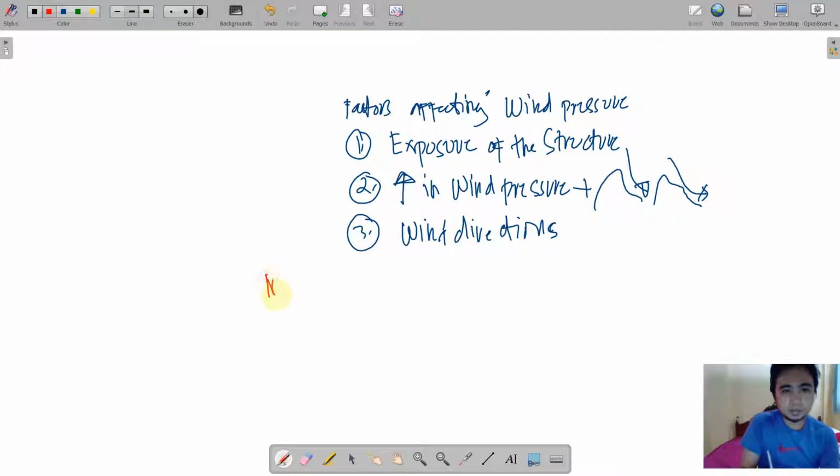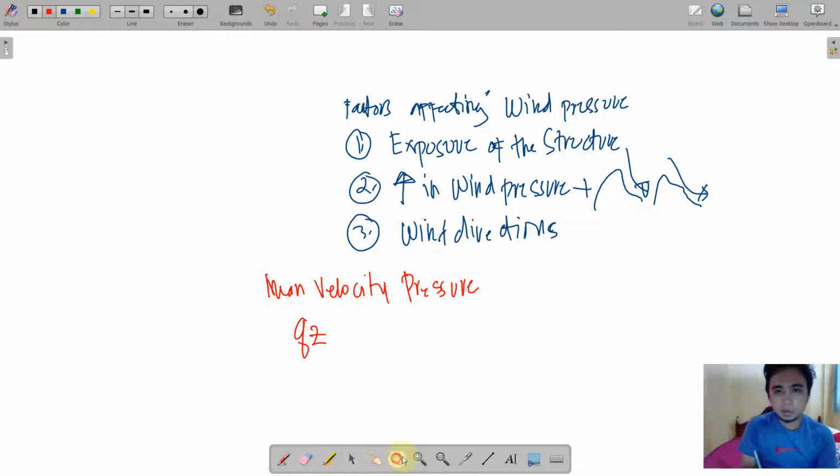So the mean velocity pressure, or abbreviated as MVP. Okay, if you want to remember that, just abbreviate it as MVP. That is actually QZ. It contains all of these 3 factors.